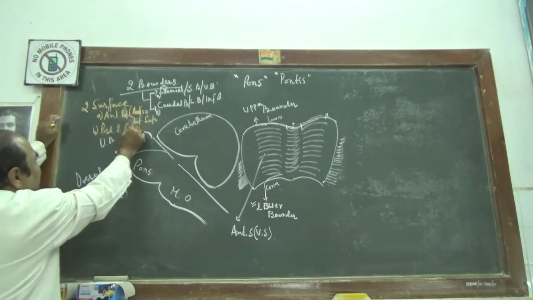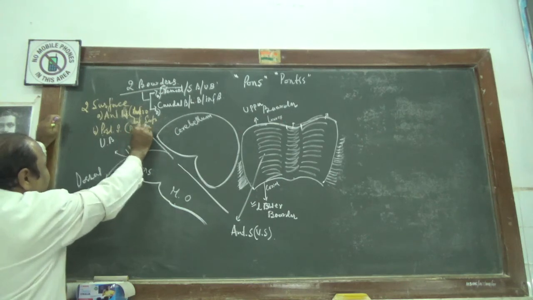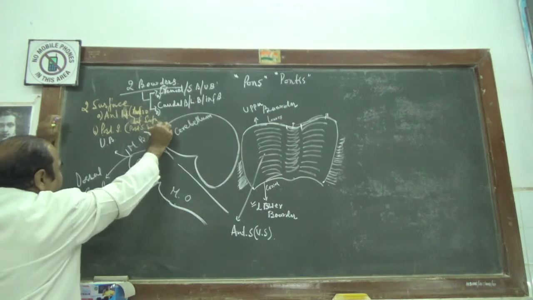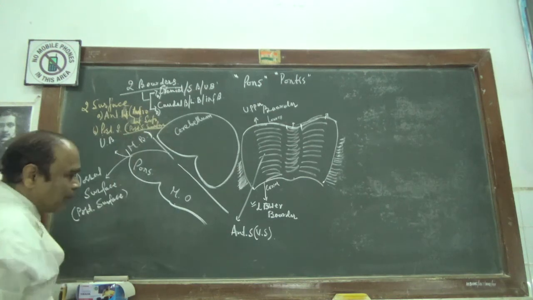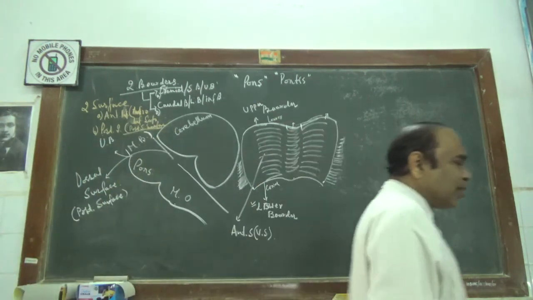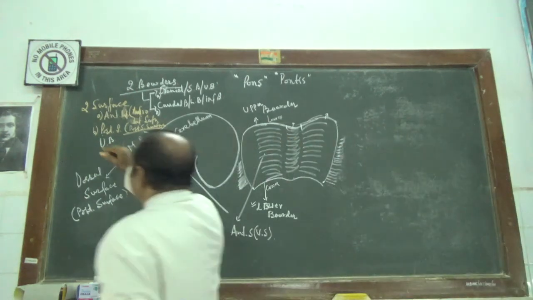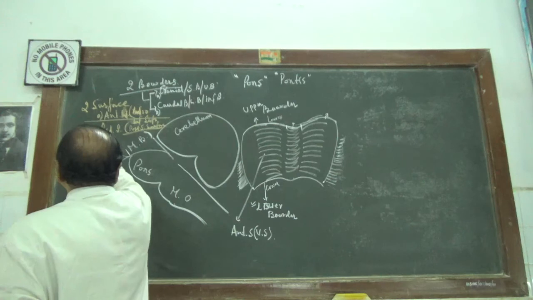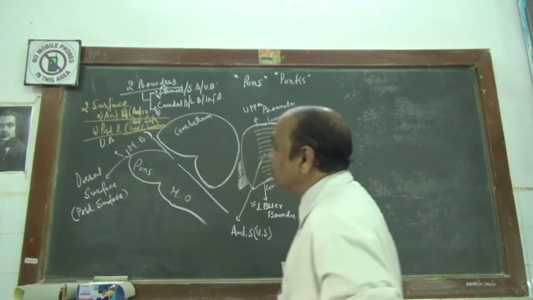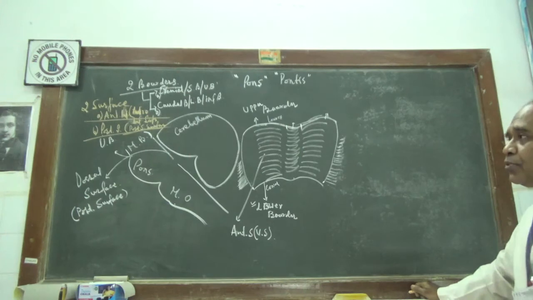Now the posterior superior surface of the pons partially forms the floor of the fourth ventricle, along with the posterior superior surface of the medulla oblongata, which is present above the tinea of the fourth ventricle, when you have dealt with the medulla oblongata posterior superior surface. So these surfaces are there: one is antero-superior, another is antero-inferior, and another is the posterior-superior surface.